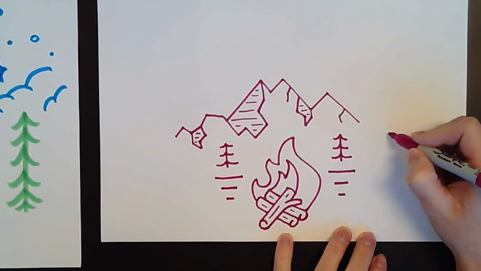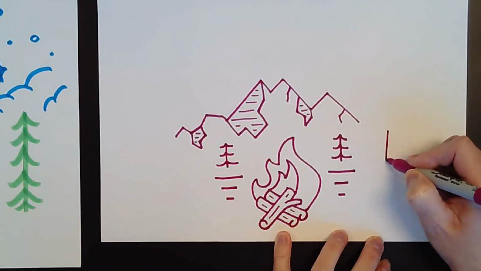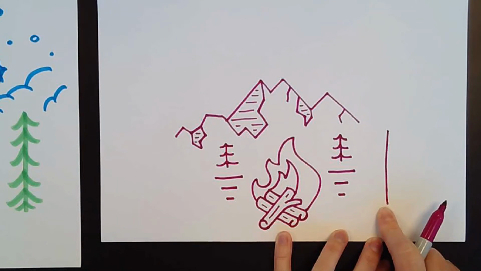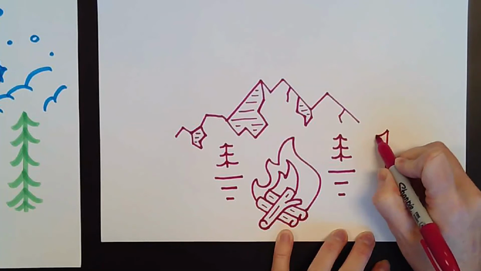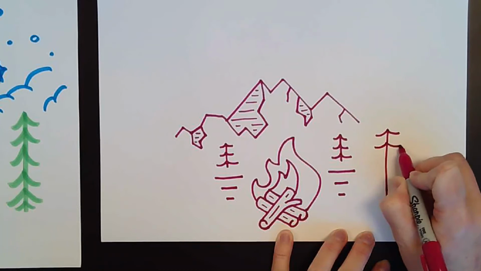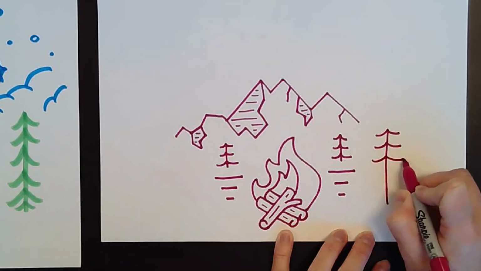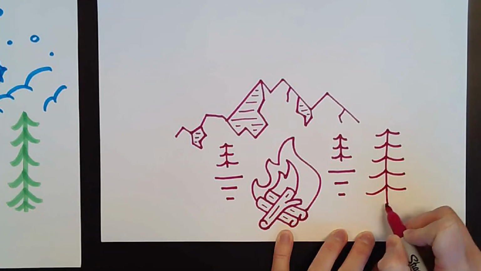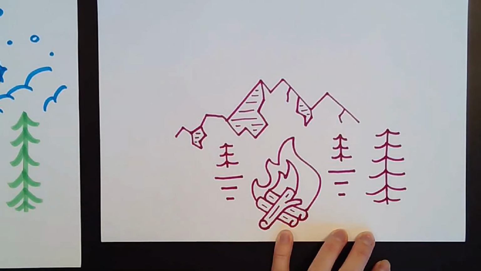I'm going to come over a little bit and I'm going to draw a longer vertical line. And again, I'm going to do the same thing, except now my branches are going to be a little bit longer because my tree's a little bit bigger. Add some branches, and we're not going to put any lines under this one.